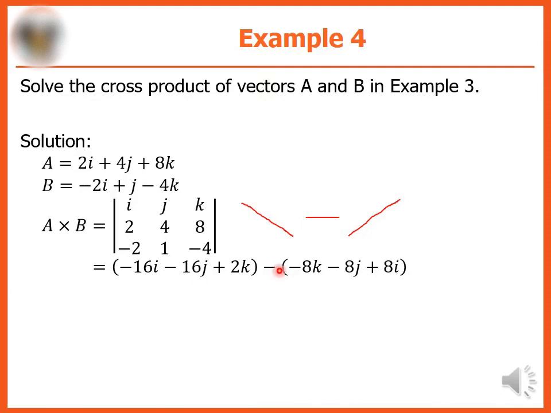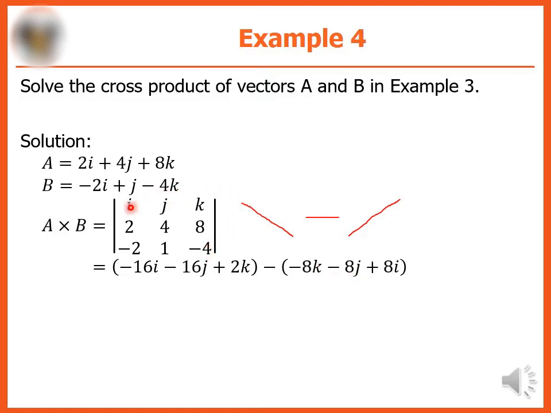You have your minus here for the elements going in this pattern. So you have negative 2 times 4 times k, this is negative 8k. And then we have 2 times j times negative 4, that is negative 8j.